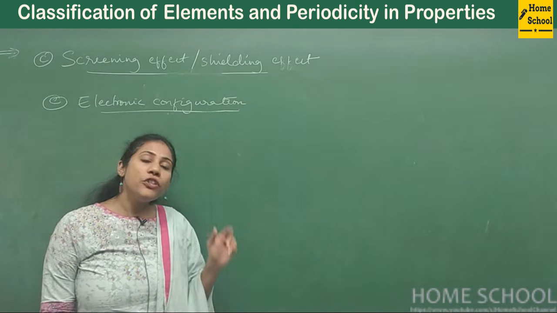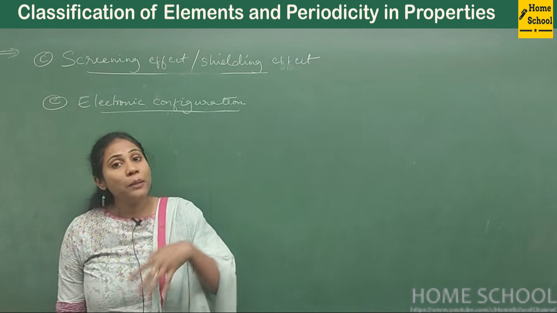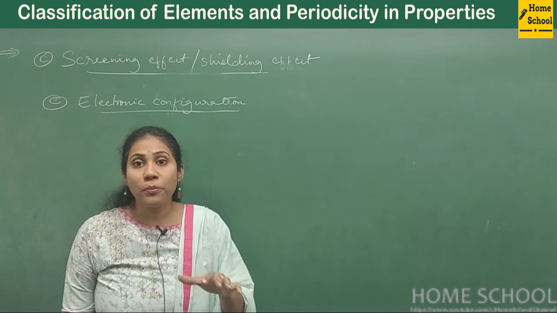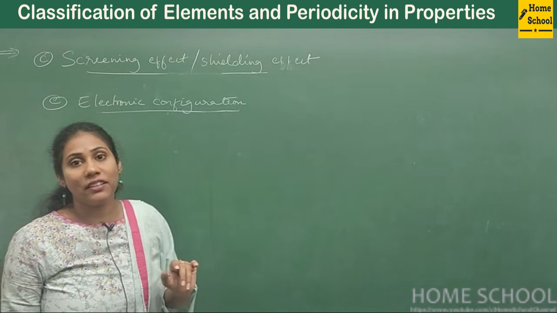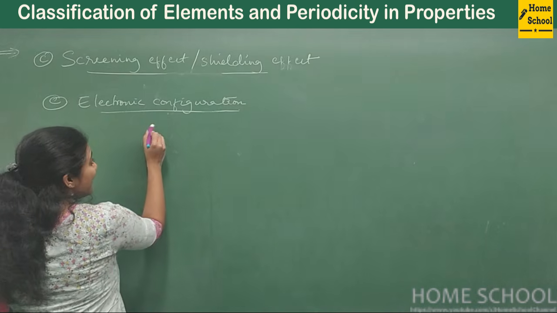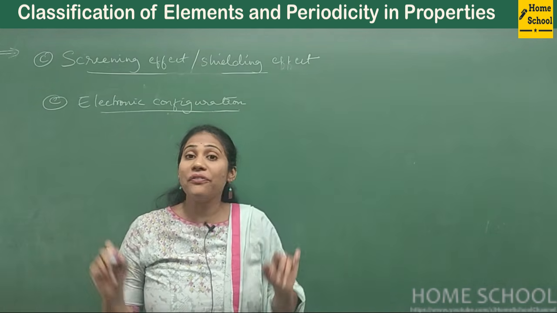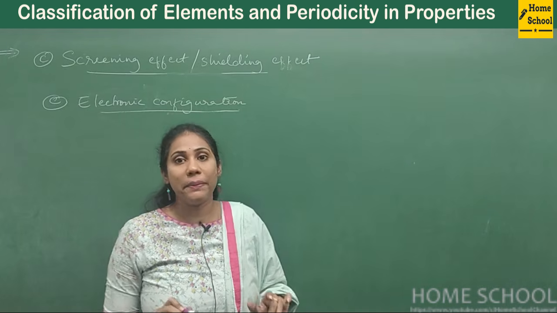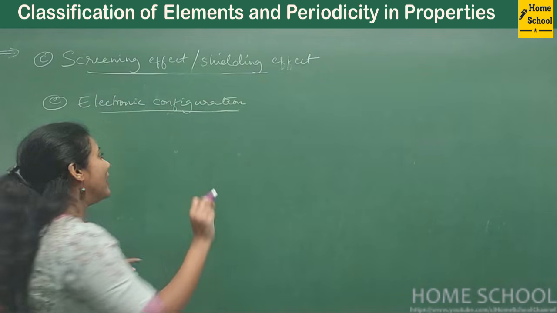Now let us go for the fifth factor, that is electronic configuration. See guys, we can also decide whether we need to supply more energy or less energy to remove an electron based on electronic configuration. Usually the elements with stable electronic configuration have very high ionization enthalpies. So when do you call an electronic configuration stable?